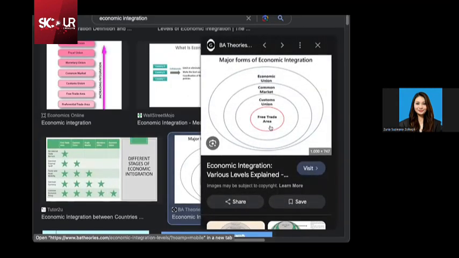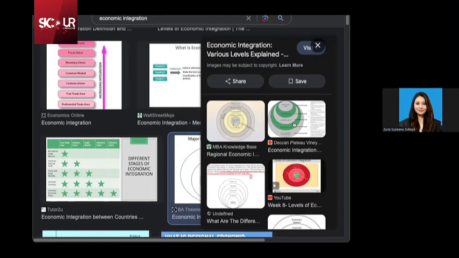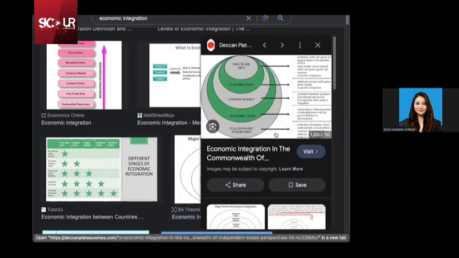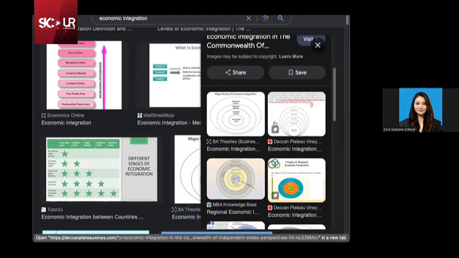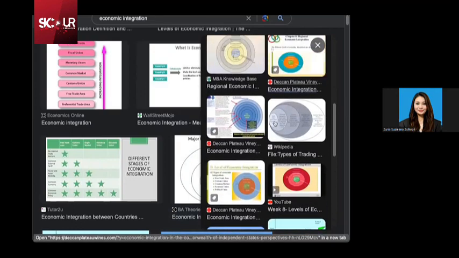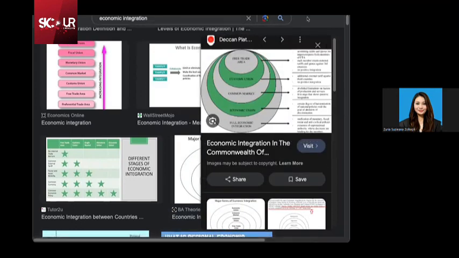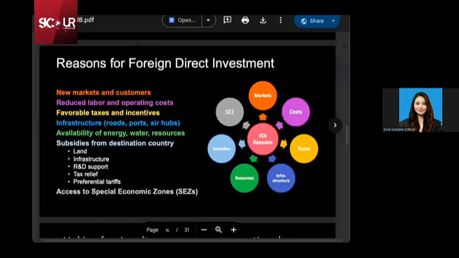It starts with a free trade area, and then we have customs union, common market and economic union. One of it is AFTA. We have the Asian Free Trade Area over here. AFTA means Asian Free Trade Area. So we have a lot more, if you can see here, there are many others. So just study more about economic integration, but I'm going to cover it next class.